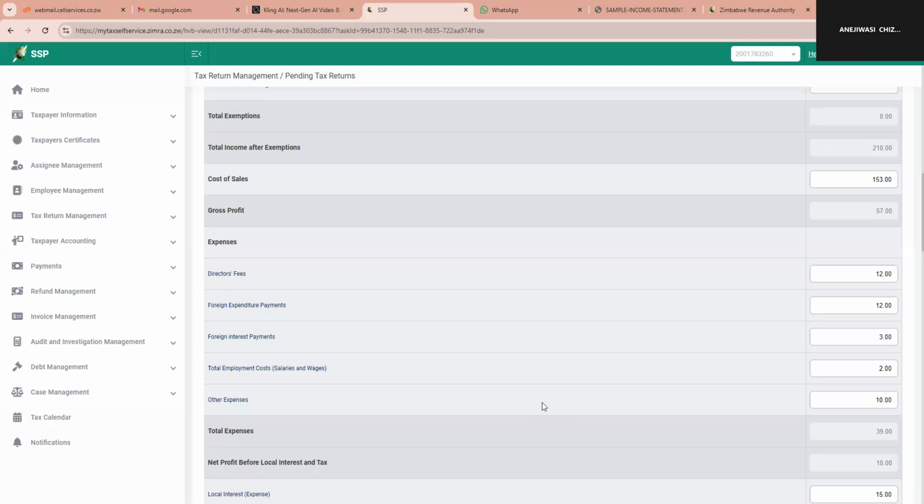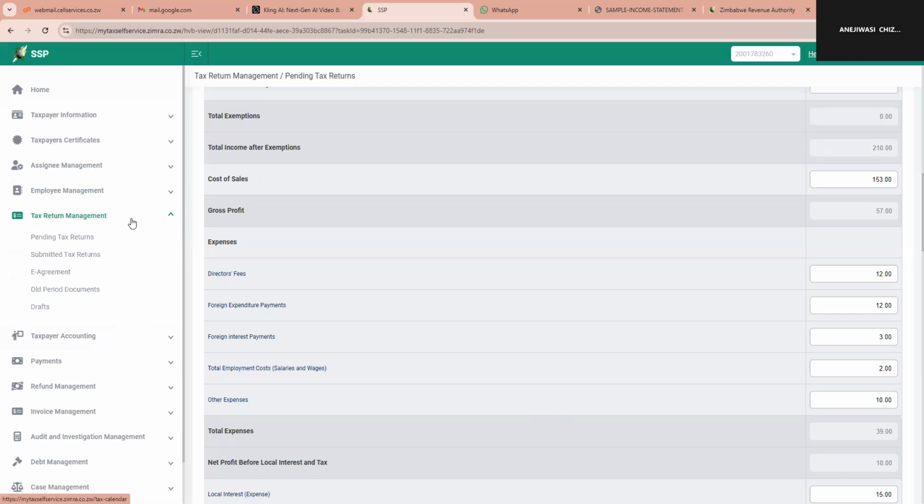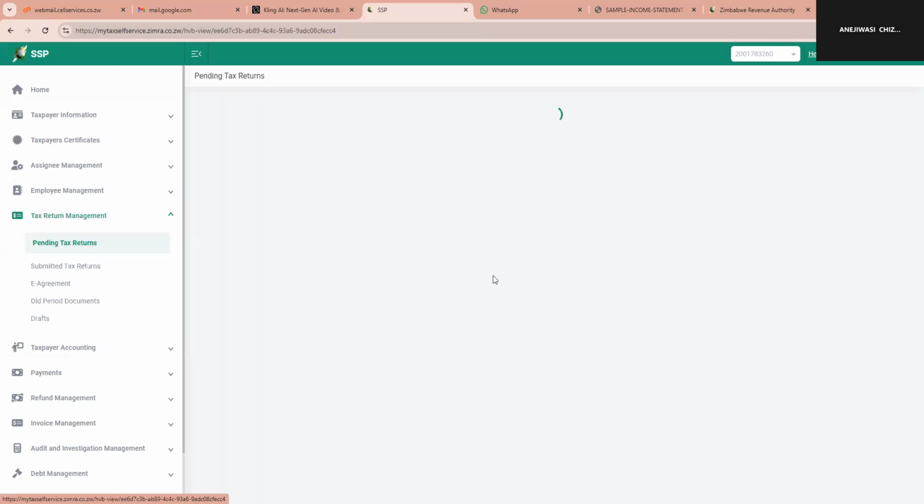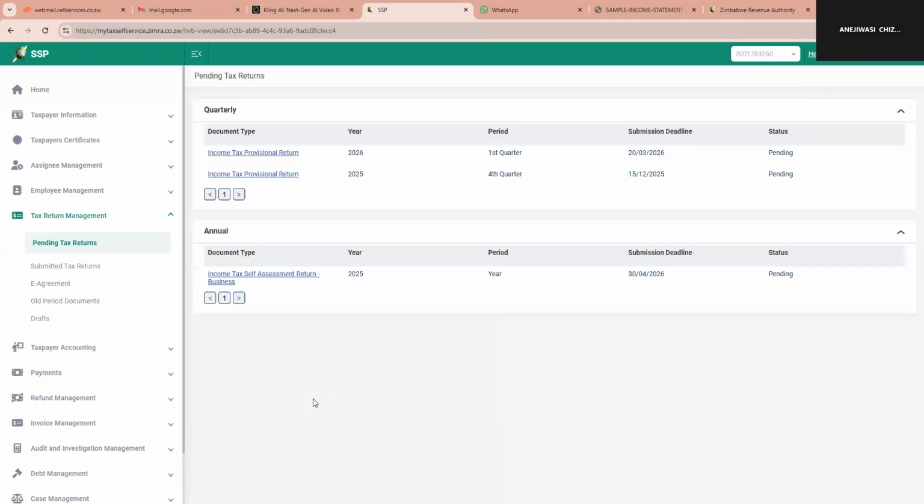I'll be sort of continuing, but I want to look now, because as I said, you would find when you come here, under pending returns, let me just come back to pending returns. You have got the QPDs, then you have got the income tax self-assessment return. So we also want to look at this so that we are complete.